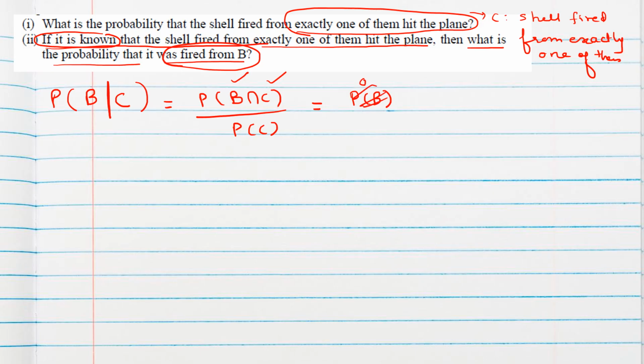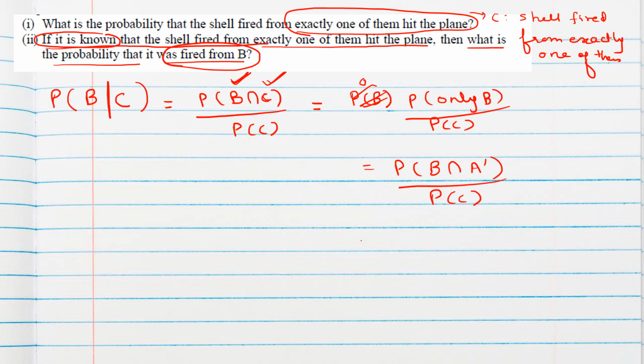So B means B will hit the plane, C means exactly one of them will hit the plane. So the intersection will be: one should hit and that should be B, that means only B. So P of only B will be P of B but not A. Now P of B into P of A complement divided by P of C we can write.